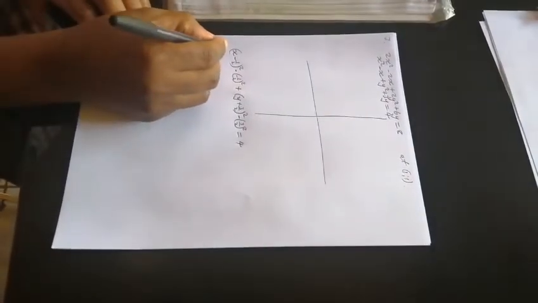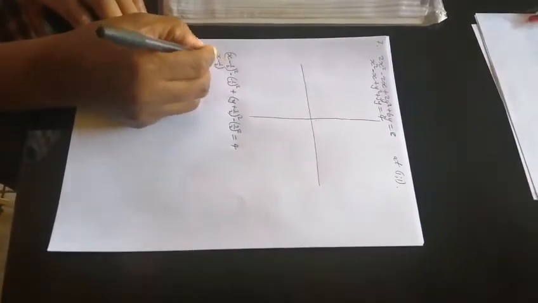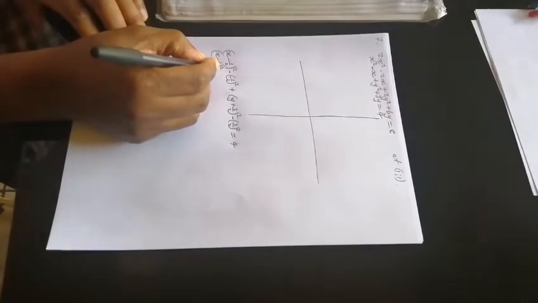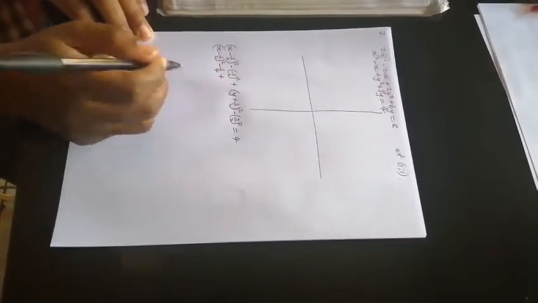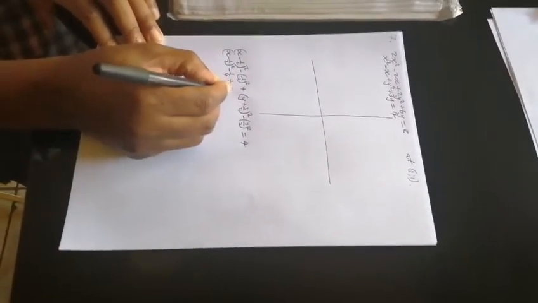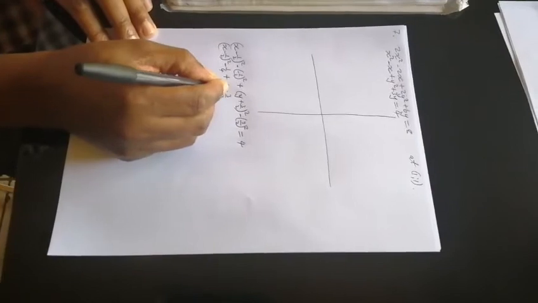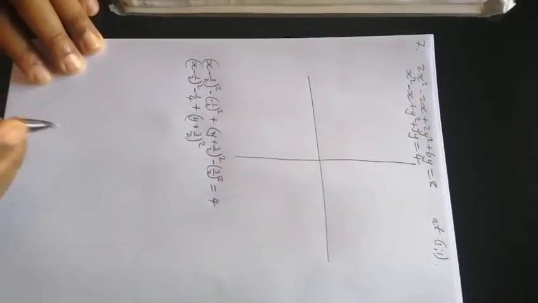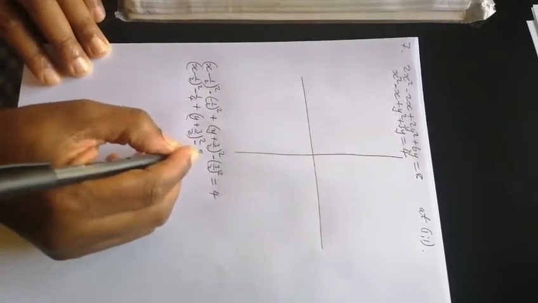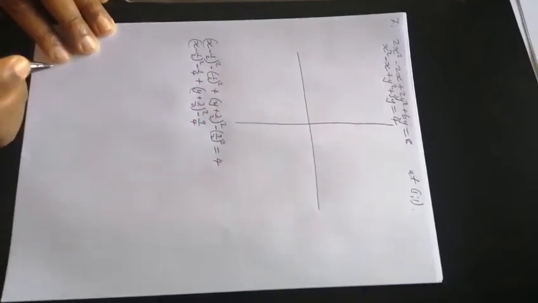Simplifying, we shall have x minus half, squared, then minus 1 over 4, plus y plus 3 over 2, squared, minus 9 over 4.